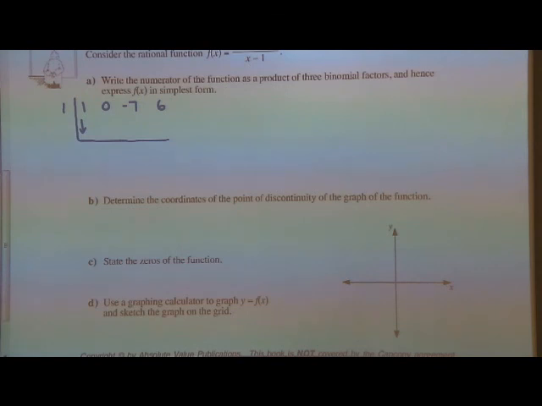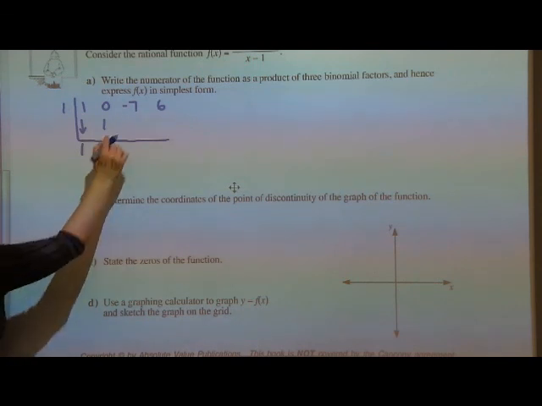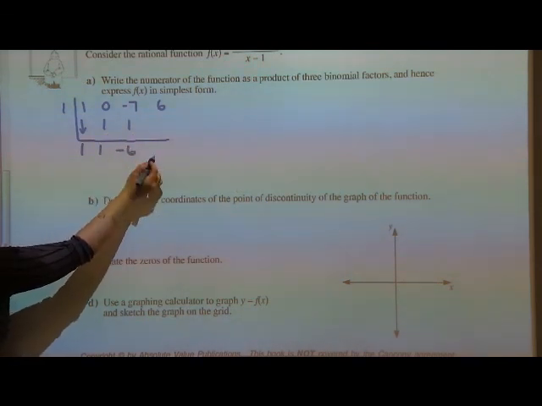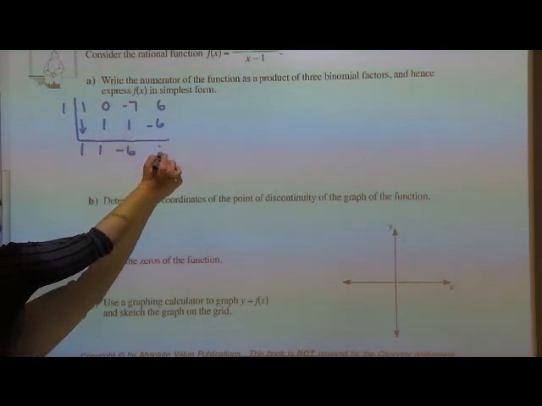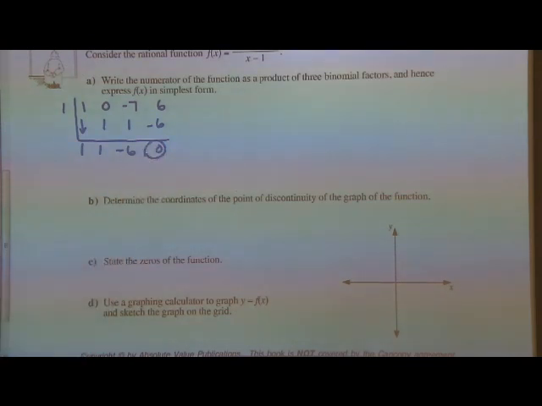Remember the synthetic division? We bring down the first one, and then what do I do with the 1 and the 1? Multiply them. And then add, I get negative 6. Multiply, I get negative 6. And there's my 0. So now I've shown that 1 is a 0.